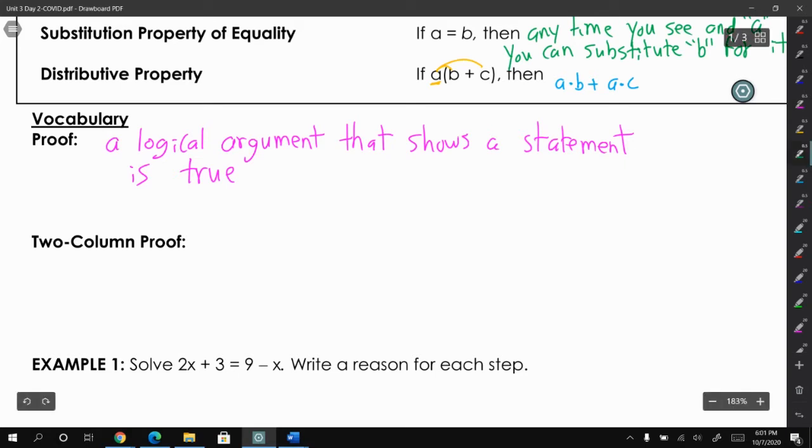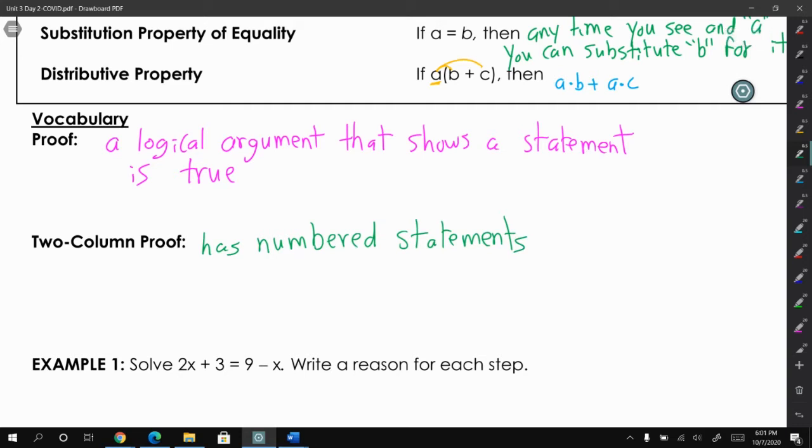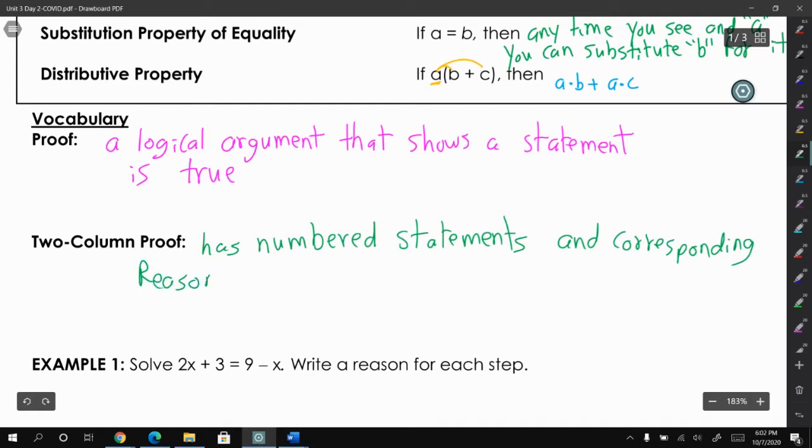So the definition is having numbered statements and corresponding reasons that show an argument in logical order.